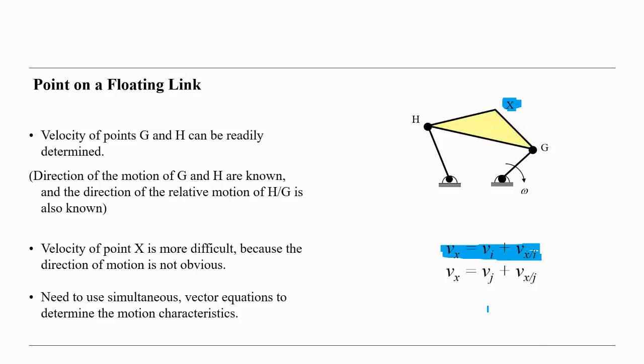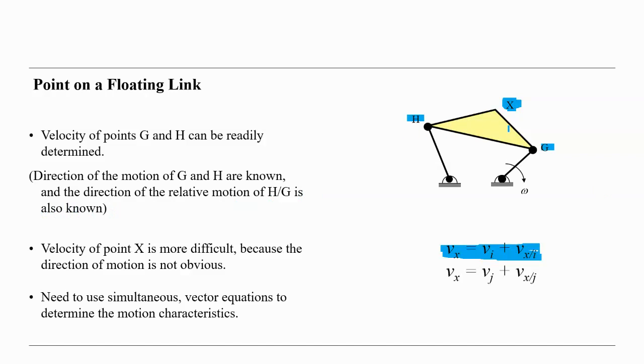So how can we do that? The velocities of points G and H can be readily determined. We learned already that the directions of the motion of G and H are known. The direction of the relative motion of H relative to G is also known.